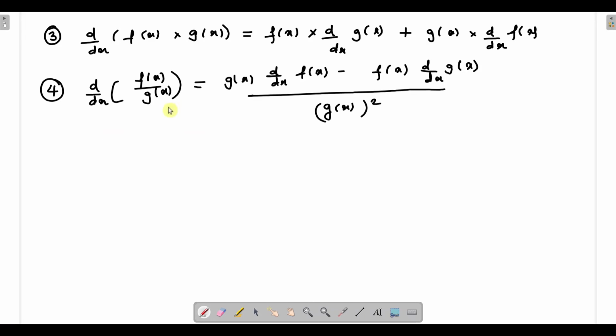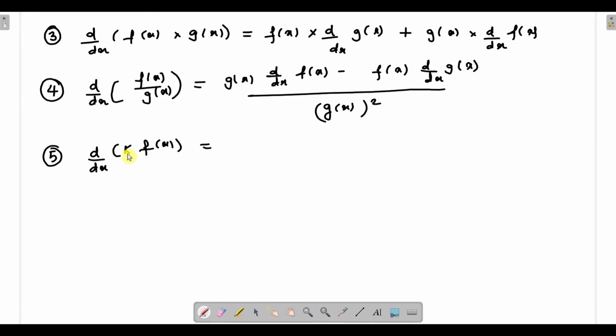So this is the formula. Now the fifth property, the derivative of k times f(x).